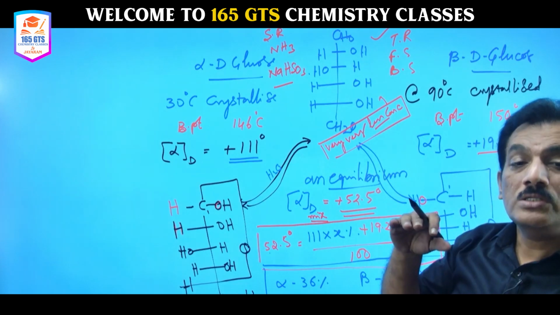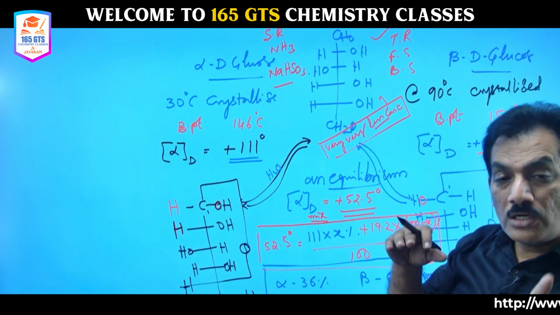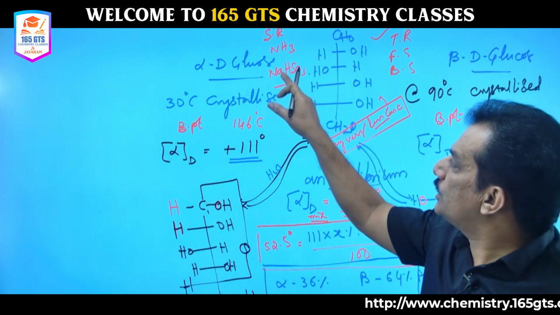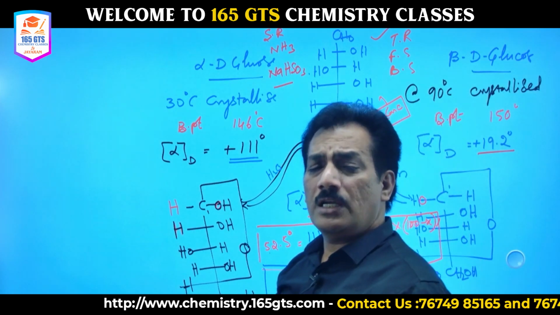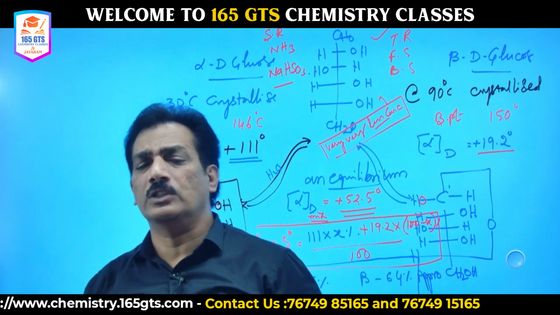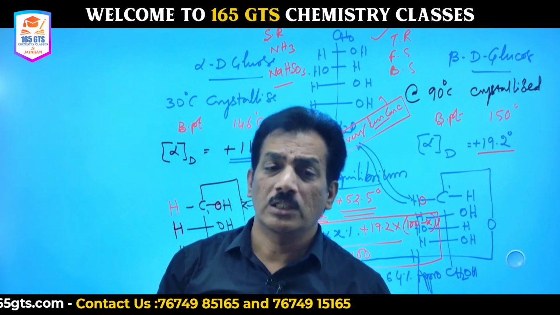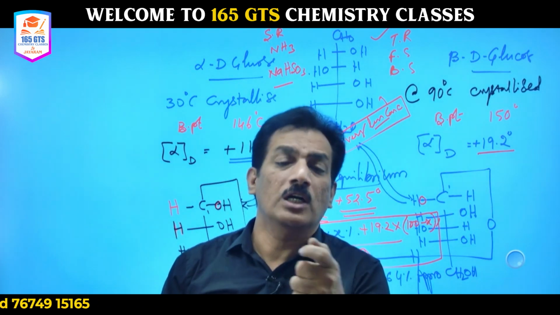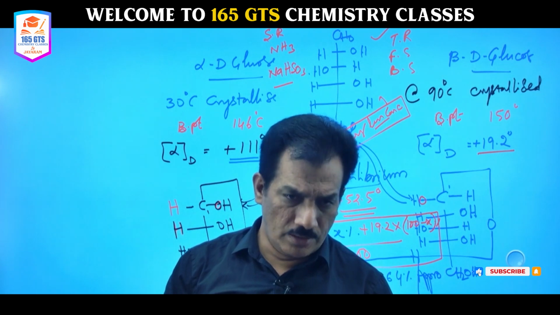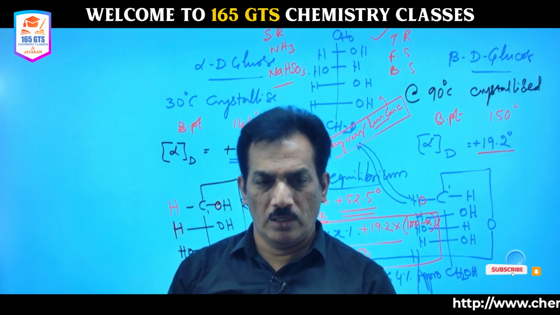But that concentration is not sufficient for these other three to react. Some reagents can react even with very minute concentrations, whereas other reagents require some optimum concentration of that particular substrate. Then only can they respond.